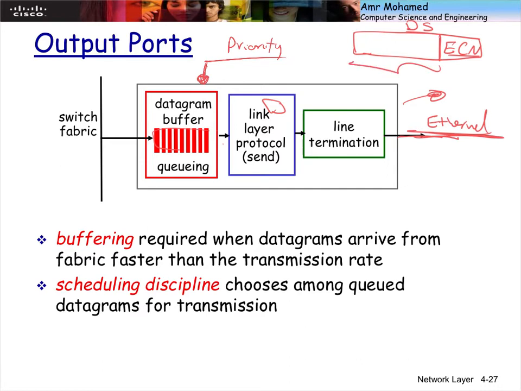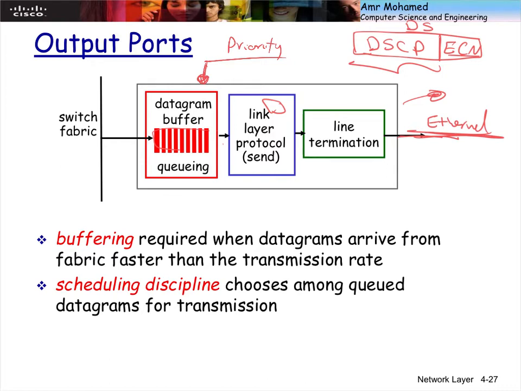So what field is this? Differentiated service code point. It's called a differentiated service code point. Okay, and this is like 5 bits, and that represents the packet priority.